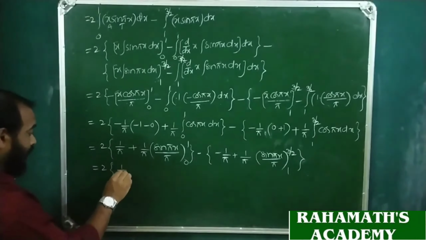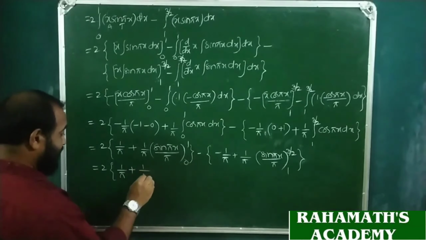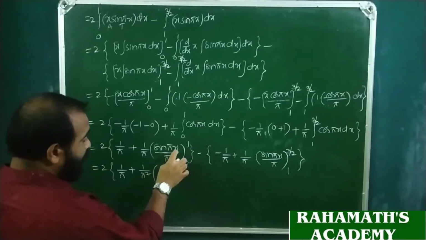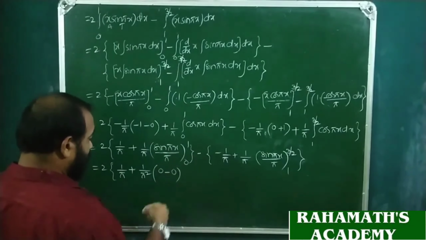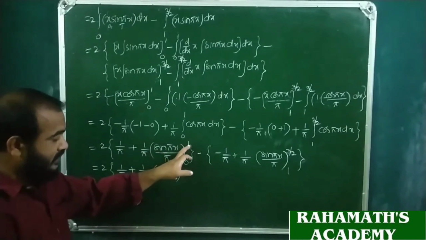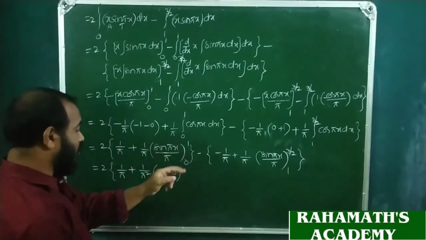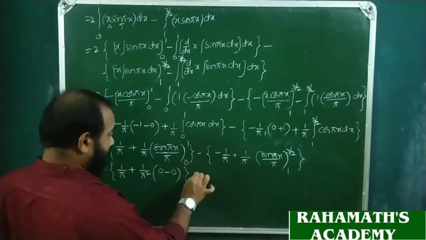Now 2 into 1 by pi plus 1 by pi square. Sin pi into 1, sin pi value is 0. Sin 180 is sin 90 plus 90, cos 90 is 0. Sin pi into 0 is 0. This is over.